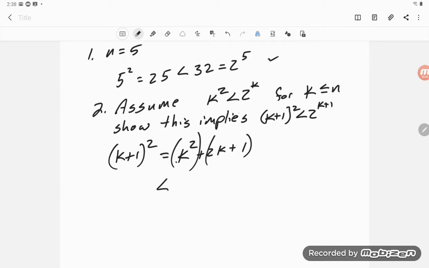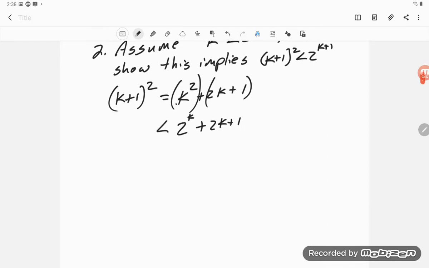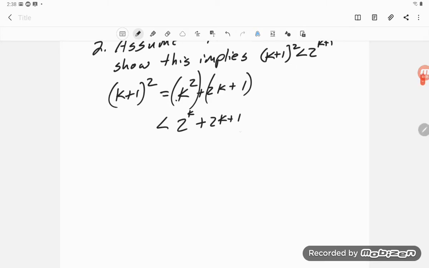I know by my assumption that that's less than 2 to the k, plus 2k plus 1. Now, as pointed out in class, my problem in class was that I was, for some reason, switching the inequality in my mind. But what we want to do is simply say this is less than 2 to the k plus 2 to the k.